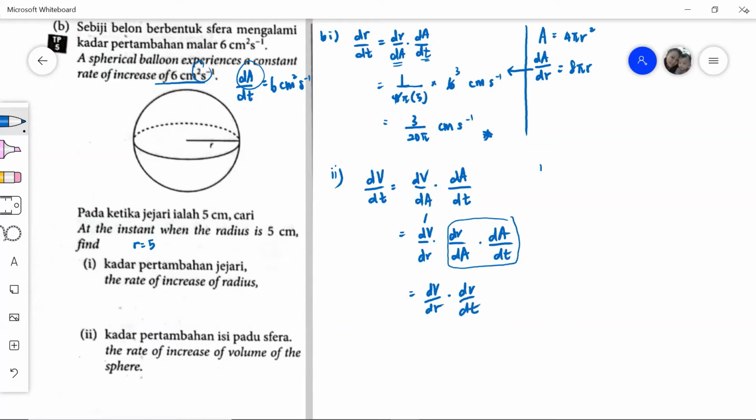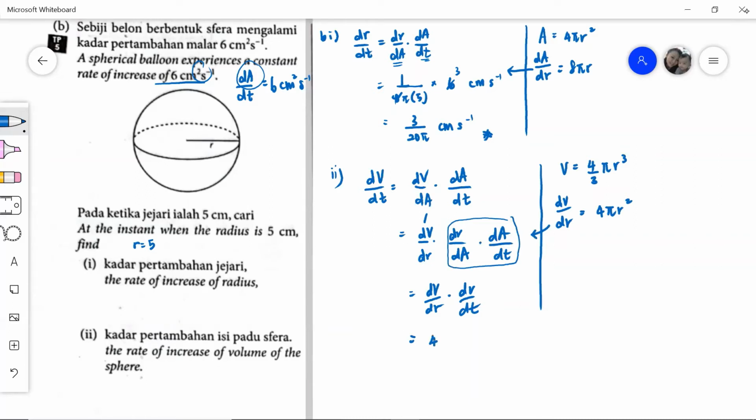So we can replace that with dV by dr times dr by dt. We just need to write the equation that relates V and r. So V equals 4/3 pi r cubed. Therefore, differentiating V with respect to r, we will have 4 pi r squared. And let's just put this in here. So dV by dr, we can use directly.